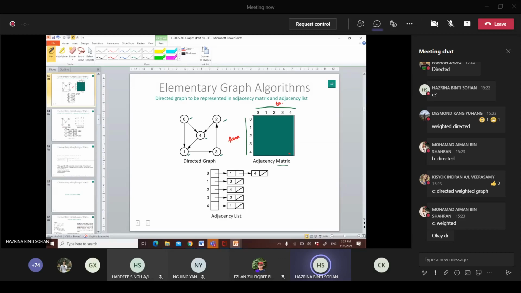So you are from 0 and you can go to 1. Okay, so 0 to 1, you put 1. From 0, you can also go to 4. So 0 to 4, here you put 1. The rest you put as 0.